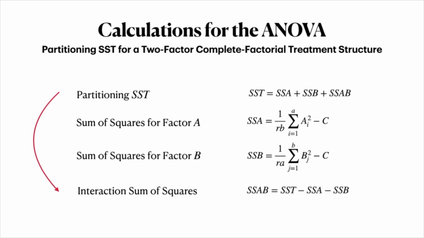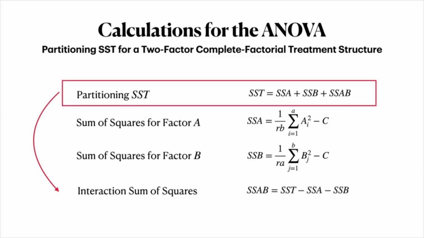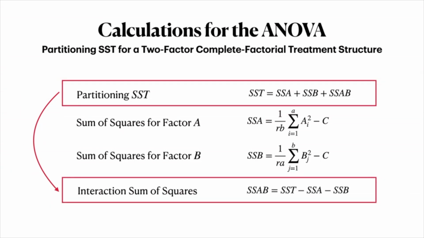And so we have one equation with one unknown, the remaining unknown being SSAB, the sum of squares due to the interaction of A with B. And so we can solve that equation to get an equation for the interaction sum of squares, SSAB, by subtracting SSA and SSB from SST, the treatment sum of squares.